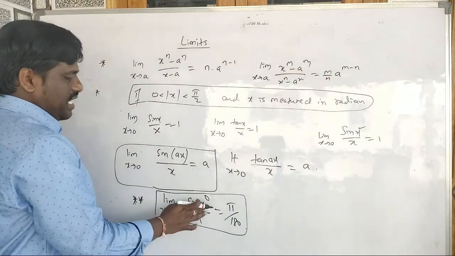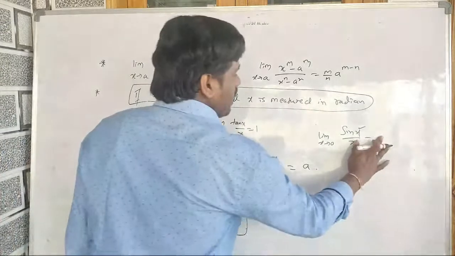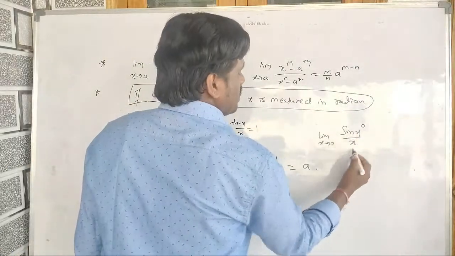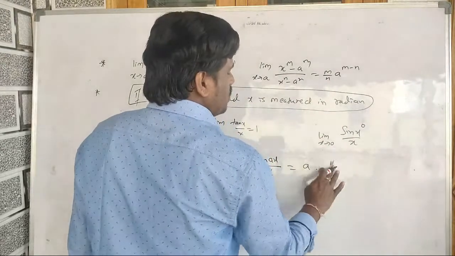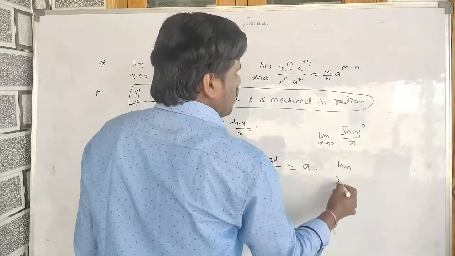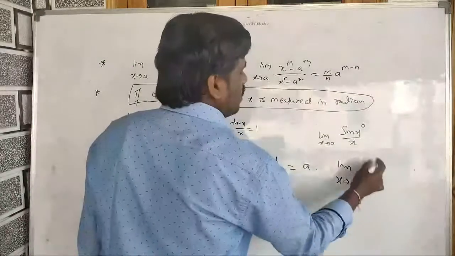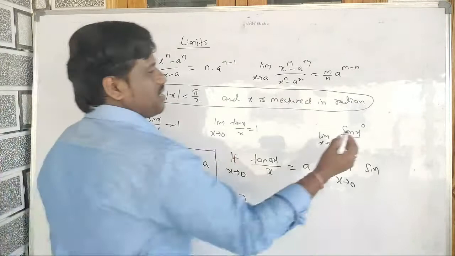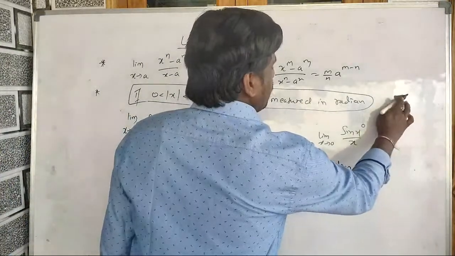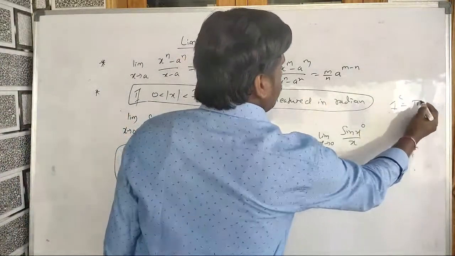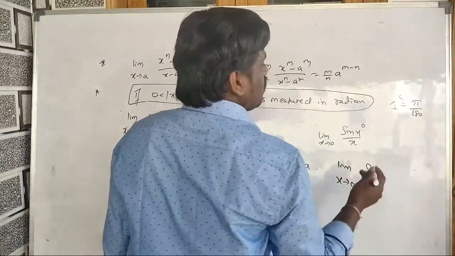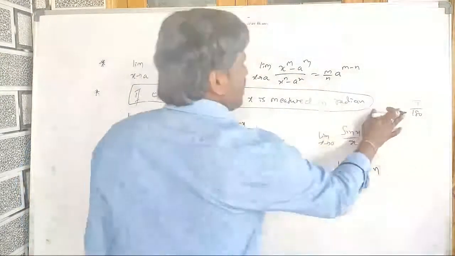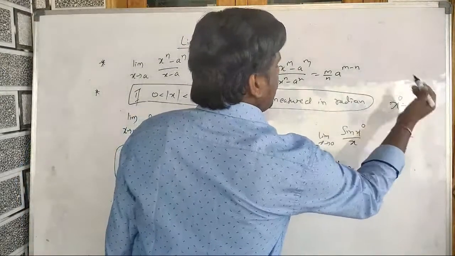But when I say x degrees, then in sine x degrees by x you have to convert degrees into radians. 1 degree is equal to pi by 180, so x degrees is equal to pi x by 180.